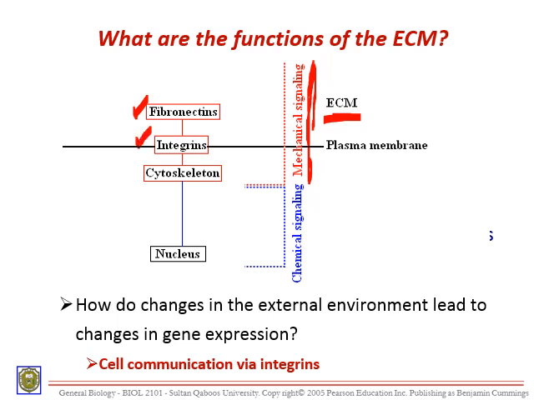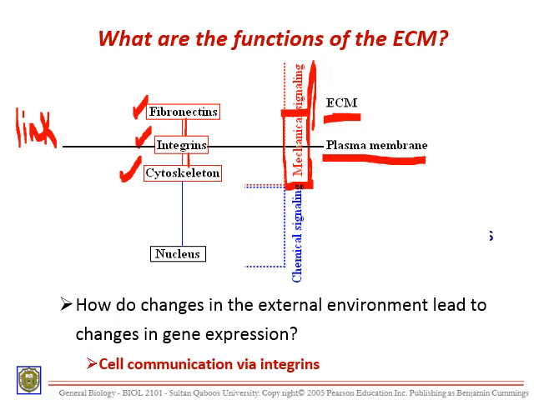Remember, integrin is in the plasma membrane, so it's actually the link between outside and inside, okay? So fibronectin to the integrin, and then the integrin is bound to the cytoskeleton. These are all bound together. That's why we say it's mechanical, because they are mechanically linked together.